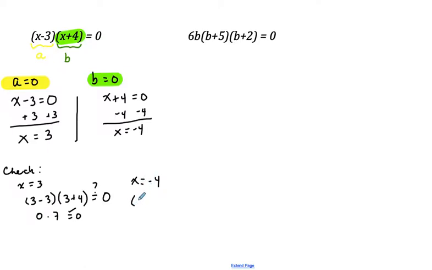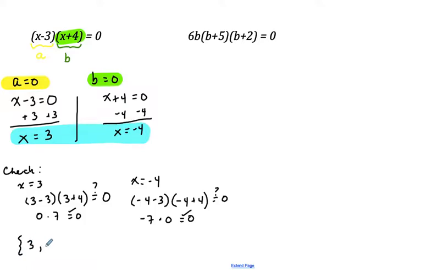So negative 4 minus 3 times negative 4 plus 4, is that equal to 0? So that's negative 7 times 0, and that is indeed equal to 0. So what that means is I have two possible solutions for this quadratic equation. And those two solutions are 3 and negative 4.